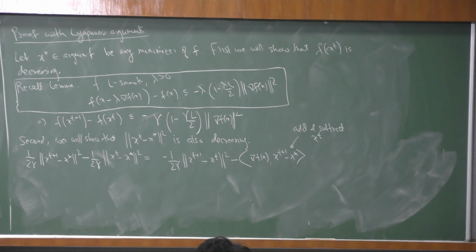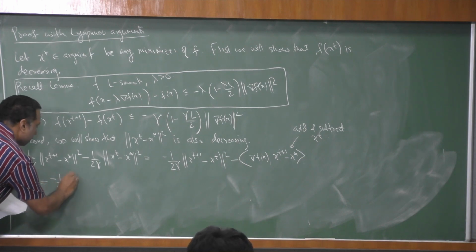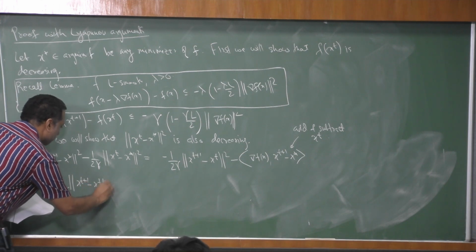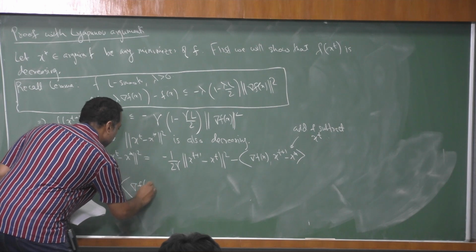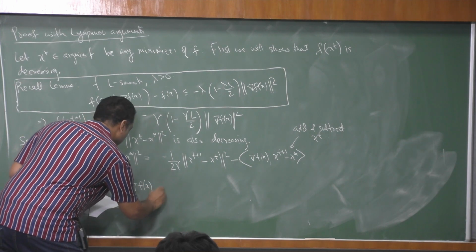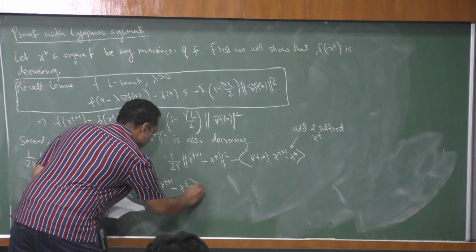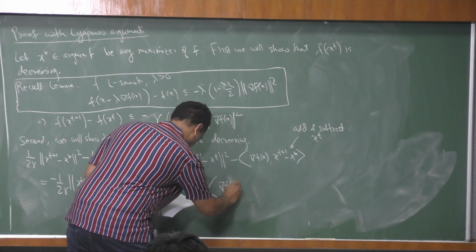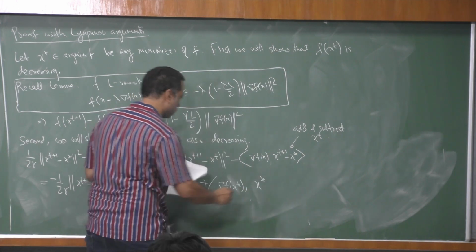So here this becomes minus 1 by 2 gamma xt plus 1 minus xt, minus grad f xt plus 1 minus xt, and then plus grad f xt and x star minus xt.